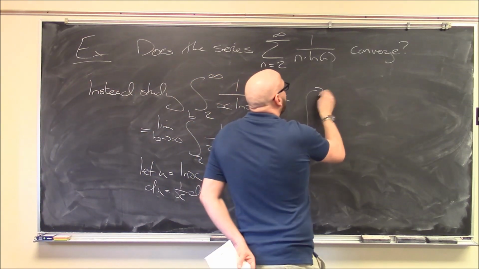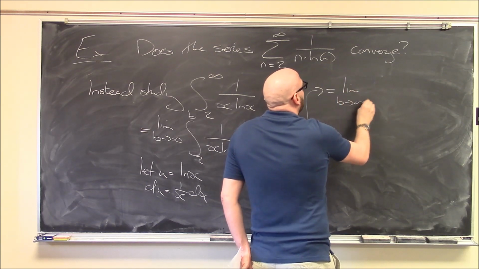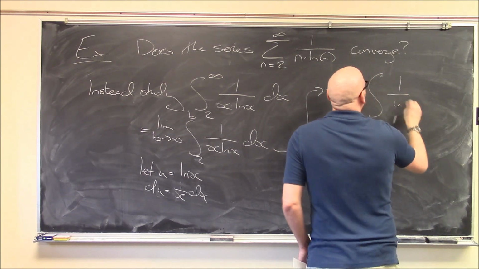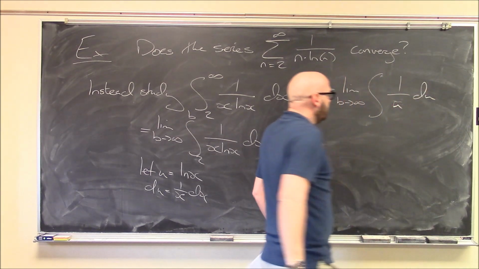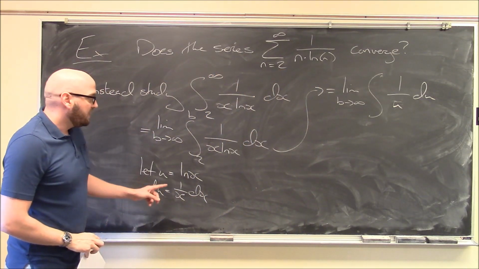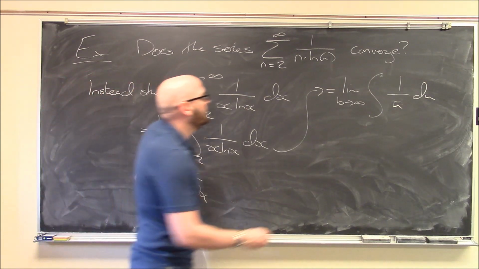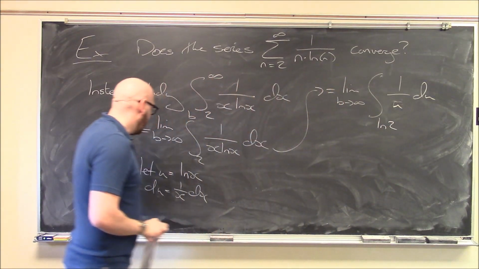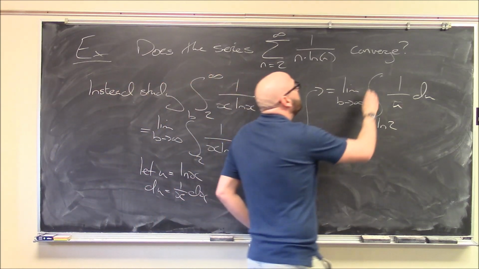So this is equal to the limit as b goes to infinity of the integral of 1 over u du. Remember that I do have to change my bounds here. So if u is ln of x, x is 2, my bottom bound is ln of 2, and if x is b, my upper bound is going to be ln of b.